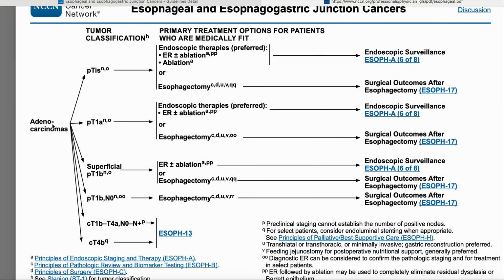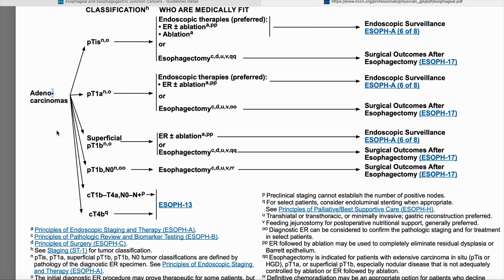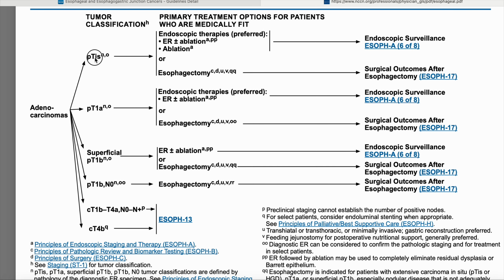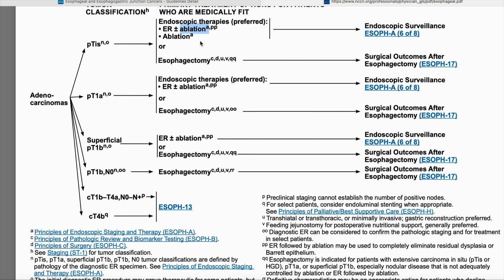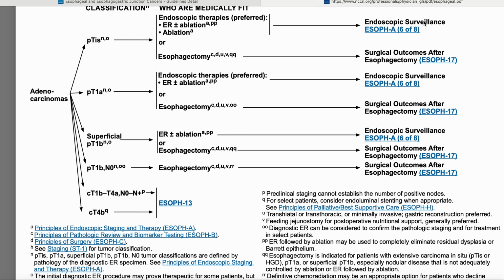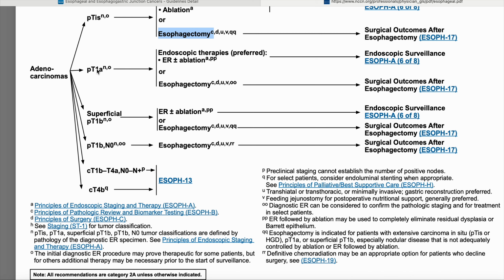So in case of adenocarcinoma, if this patient has a Tis or T1a tumor based on ER resection, if it is pTis, in this case we can prefer endoscopic therapies like endoscopic resection or ablation, and then keep this patient for endoscopic surveillance, or we can go for esophagectomy, surgical resection. And in case of T1a lesion post endoscopic resection, we can go for endoscopic resection with or without ablation, or esophagectomy.